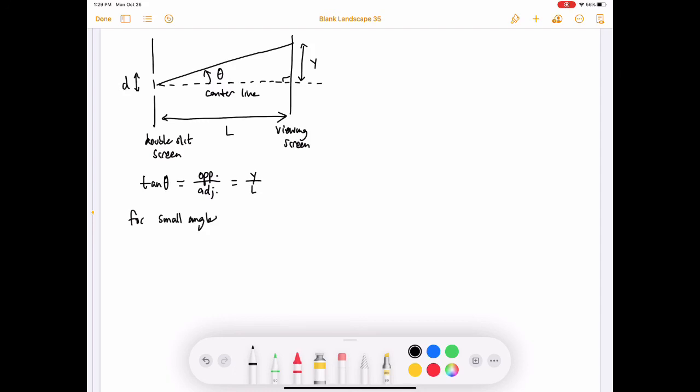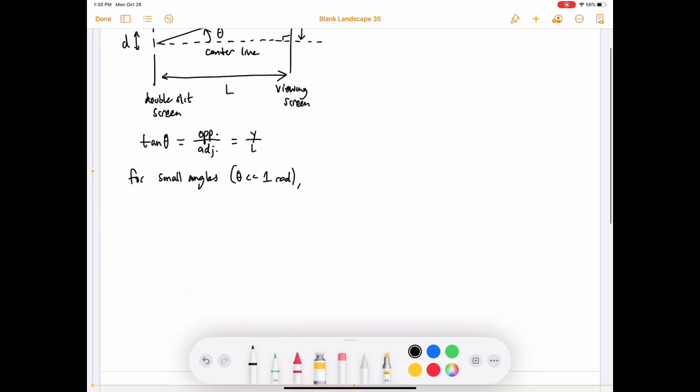in other words, theta much, much less than 1 radian, we can make some approximations. So remember, tangent, by definition, is sine over cosine. So tangent theta is sine theta over cosine theta. That's not an approximation, that's just an identity.